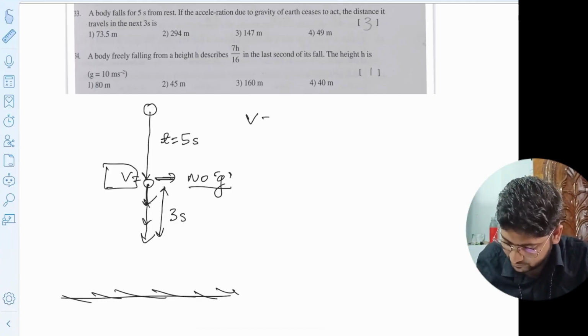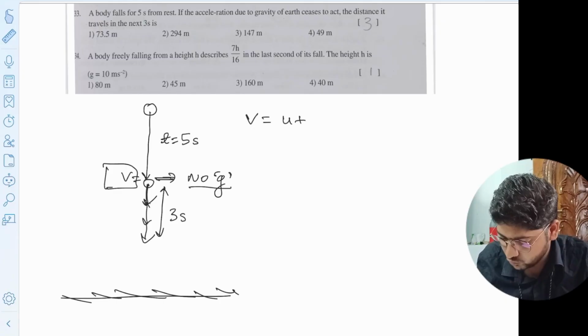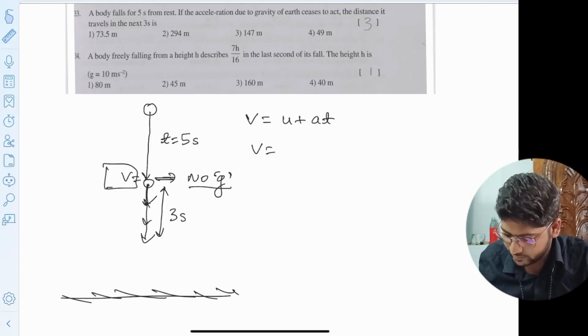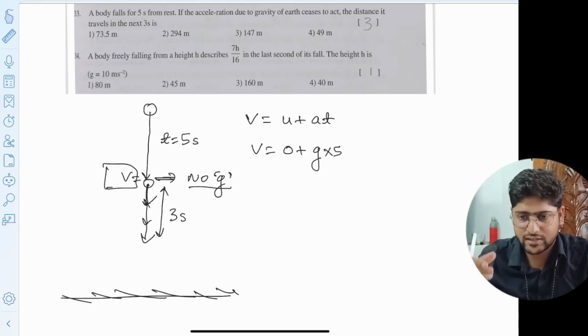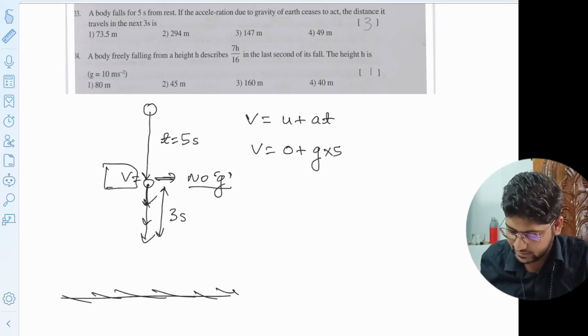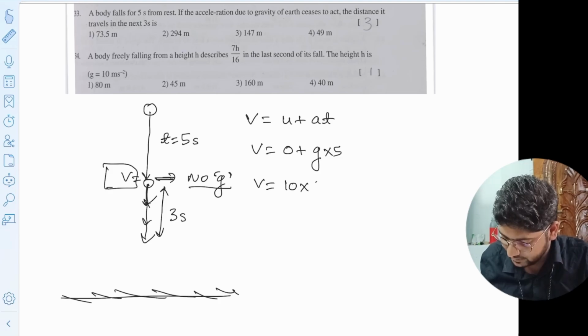Final velocity v equals initial velocity u plus at. Initial velocity u is 0, acceleration is g, time 5 seconds. So v equals g, we can take 10, 10 into 5.